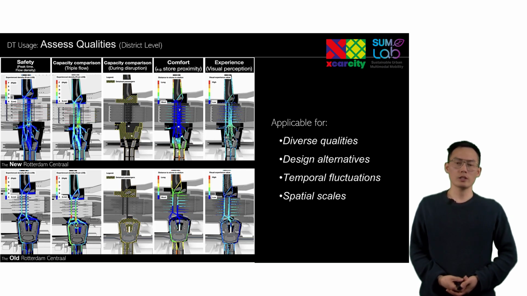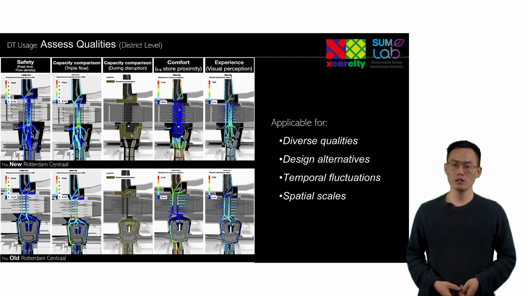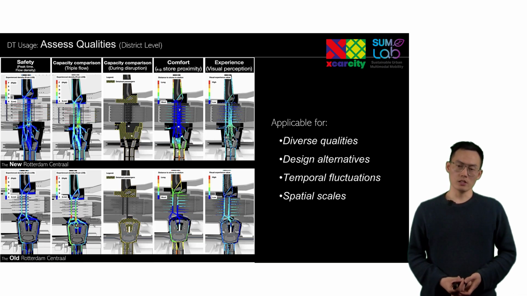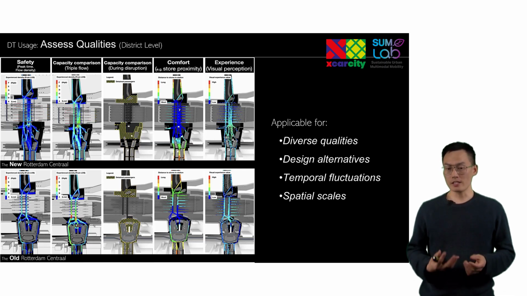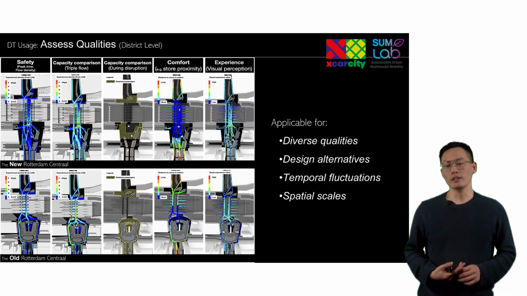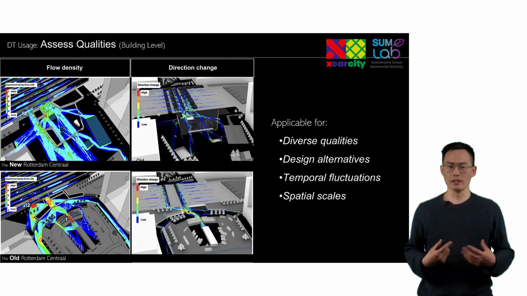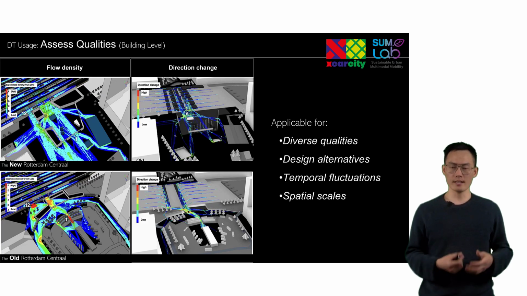So this digital twin will be applicable for diverse qualities. It is sensitive to different spatial design alternatives, and sensitive to temporal fluctuations in the flow. It can also be applicable at different spatial scales. We can even zoom in to see details at building or intersection level.